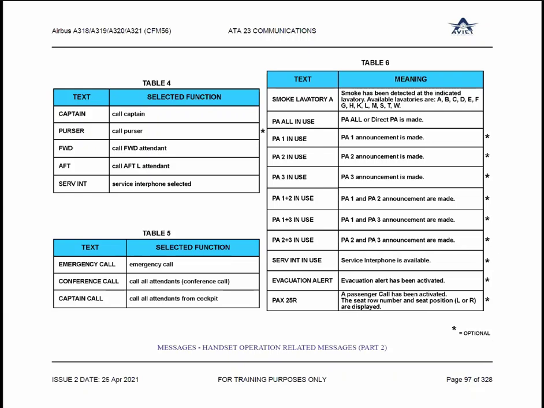And when the service interphone is used, you will get the message on the AIP, service interphone in use, and on the ACP the attendant light will come. That's all about the service interphone.